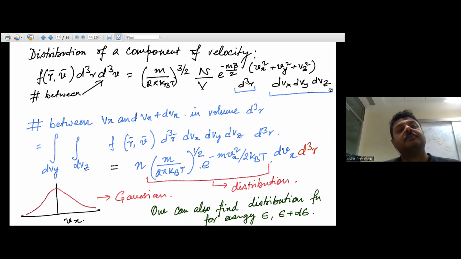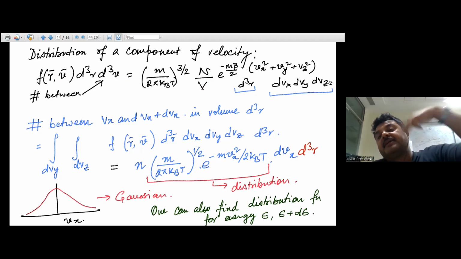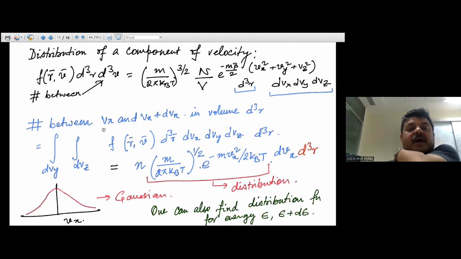Now we are interested in the number of particles between vx and vx plus dvx, a particular component. So what we're going to do is let all other components, y and z, take all possibilities. We do an ensemble average over vy and vz, but we calculate the number of particles which remain between vx and vx plus dvx. So the number of particles between vx and vx plus dvx in volume d3r is when we integrate over all possible values.